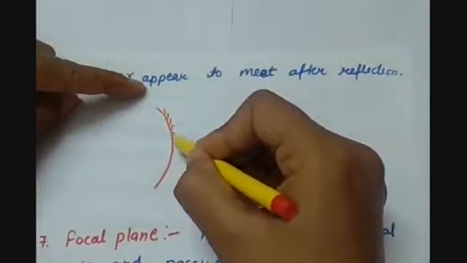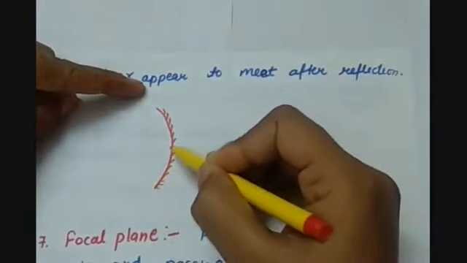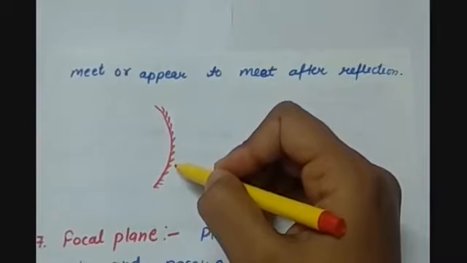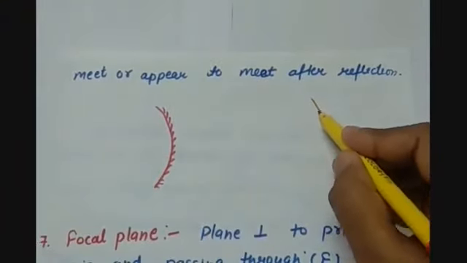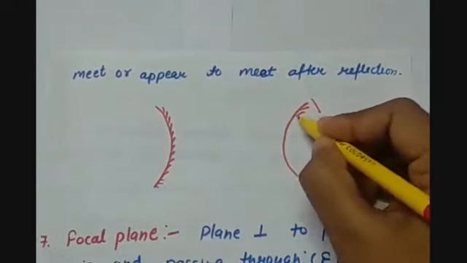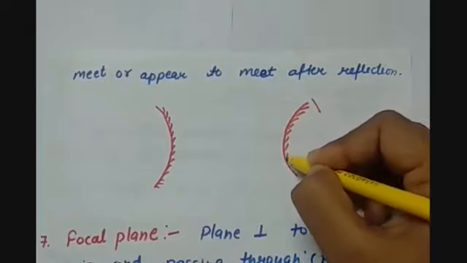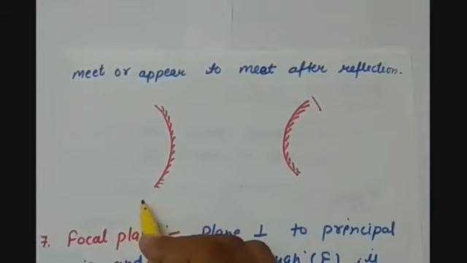I am drawing it here to make you understand why they are called convergent mirrors and why the convex mirrors are called divergent mirrors. So here let us understand first in the case of concave mirror.